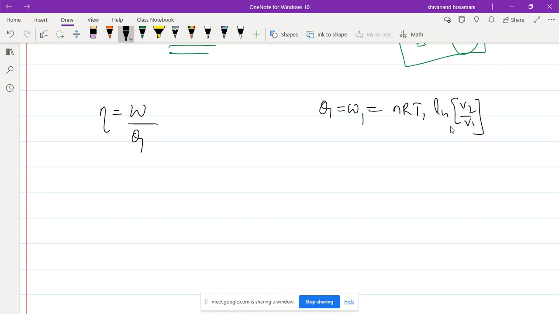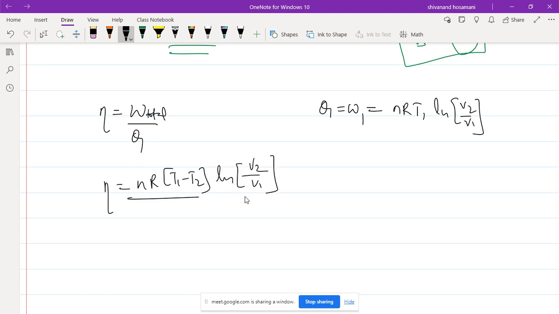Now taking work done and W, eta is equal to total work done, NR times of (T1 minus T2) into ln of V2 divided by V1, divided by the heat taken. Heat taken is equal to NR times of T1 into ln of V2 divided by V1.